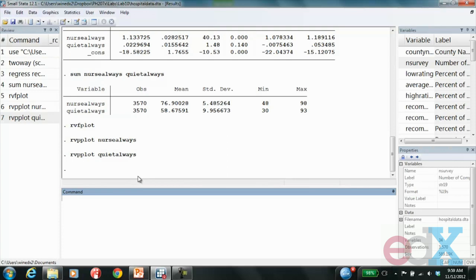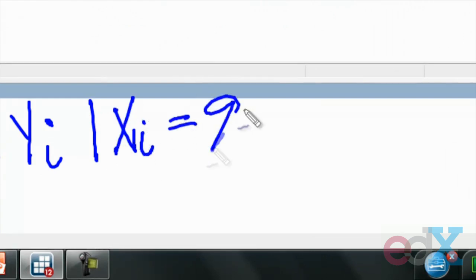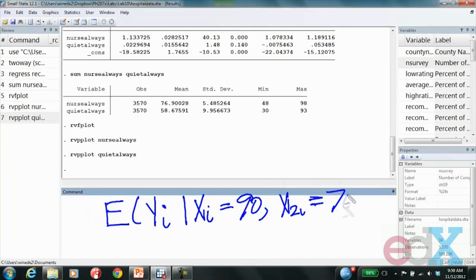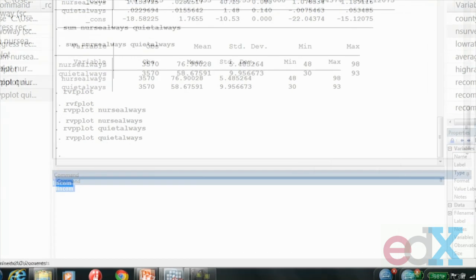Now we're looking at an average here. We want to know what is the expected value of the outcome y when x1 is equal to 90 and x2 is equal to 70. So we're trying to predict the expected value. To do that, we can use the lincom command that we saw in the previous tutorial.